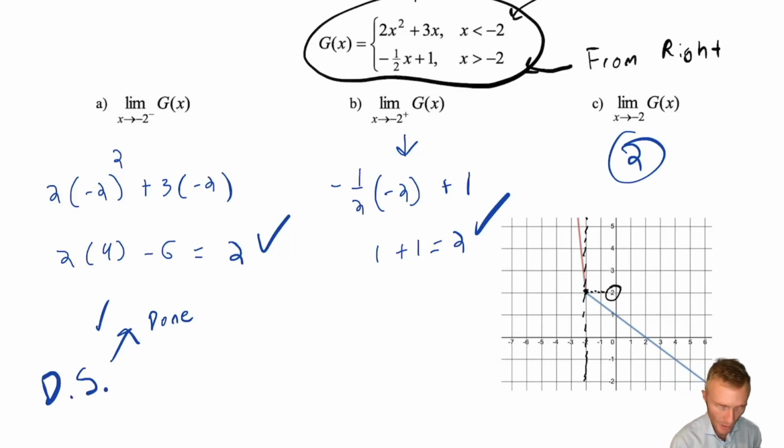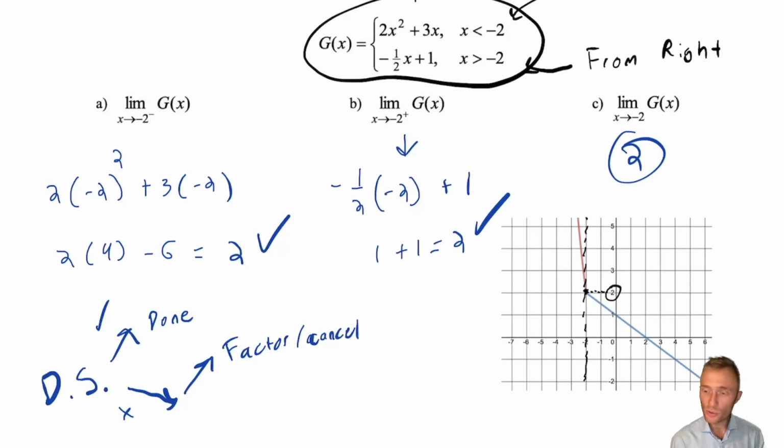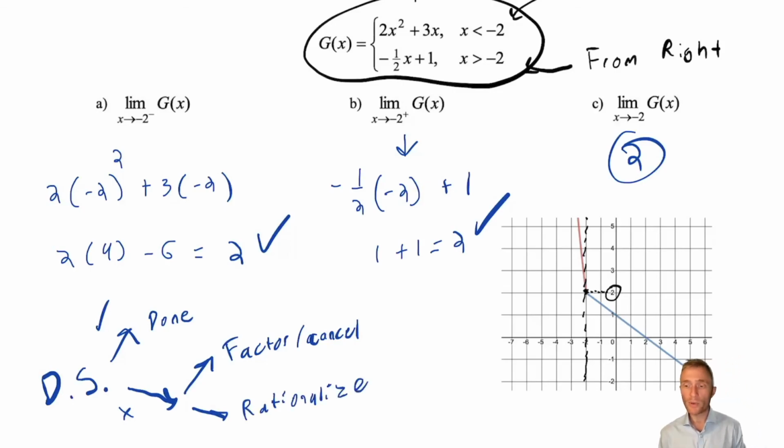That's the limit. If direct substitution doesn't work, then you can do a few different things, and we'll learn more, but right now we only know 2. We know to factor, cancel, and do direct substitution again, and we know to rationalize. So we're going to try those toolkits out in our practice today.